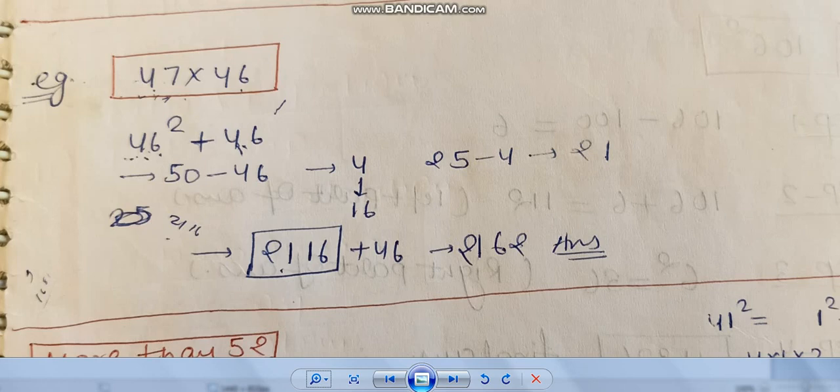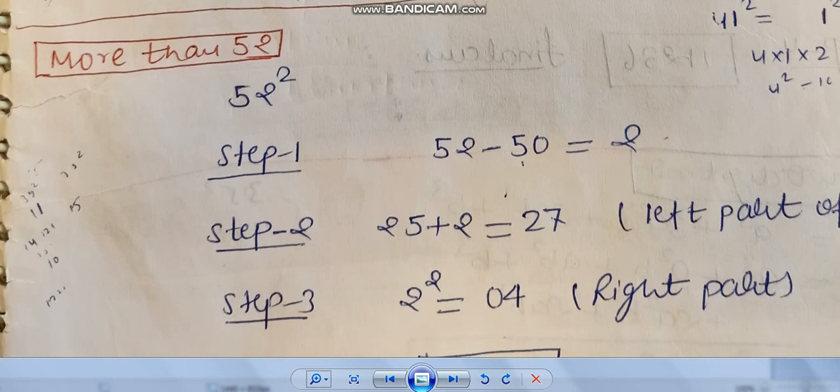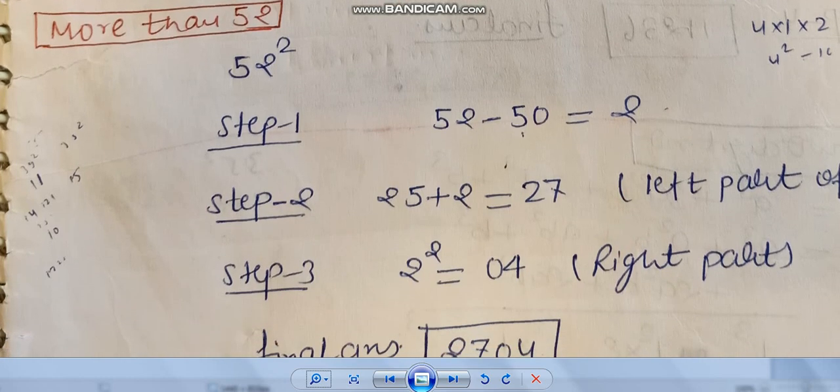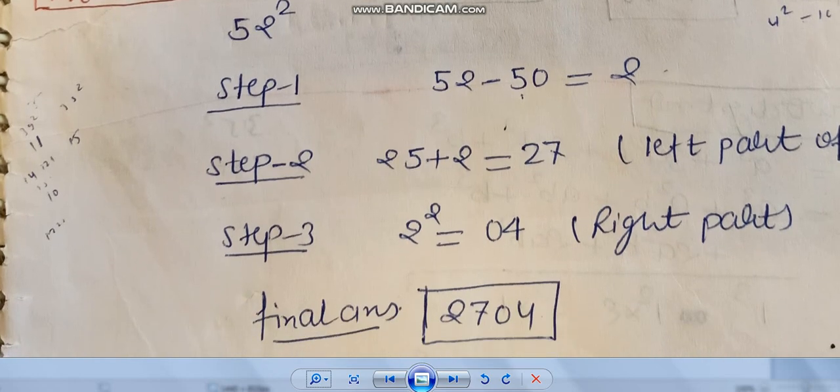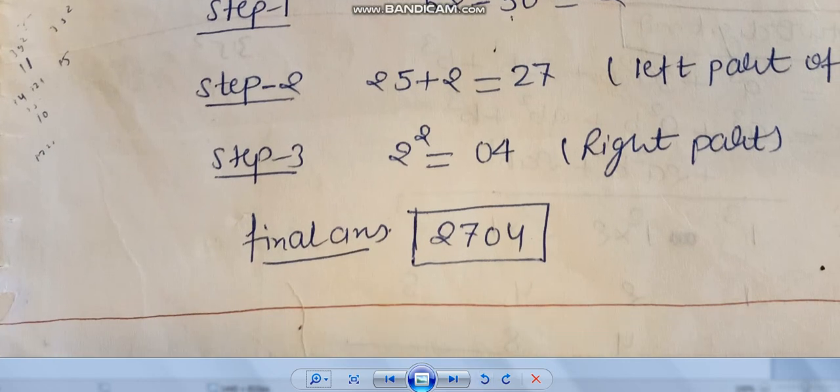It is 4, and the base number is 25. 25 minus 4 is 21, and 4 square is 16, so 2116. See how easily we got the answer. Now 52: how much more than 50? 2. That number will be added to the base part. 25 plus 2 is 27, and 2 square is 4. But we have to make it a two-digit number, so we add 0 before it: 2704.